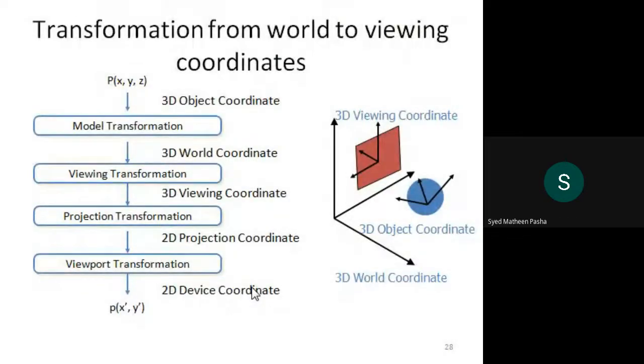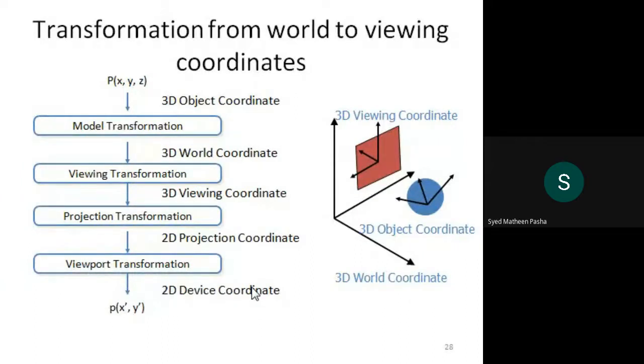Then how this conversion happens, do check here. As I told, the transformation from world coordinates to viewing coordinates is basically done with the help of transformations. There are 4 different transformations which are related to your 3D pipeline. One is model transformation, viewing transformation, projection, as well as viewport transformation.